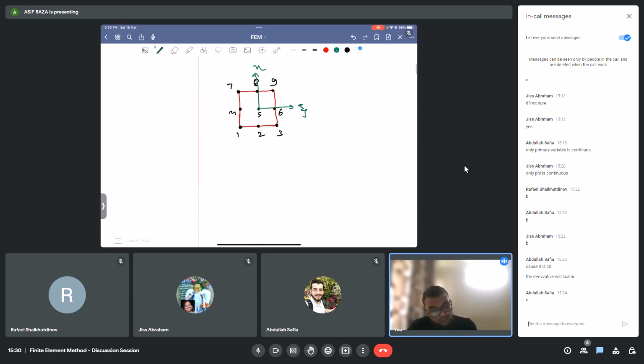Now solving for it, we want to find the shape function for node 2, right? So what we can do is, I'll just pick another color. Leaving node 2, we'll just draw lines here, 1, 2, 3, and 4.